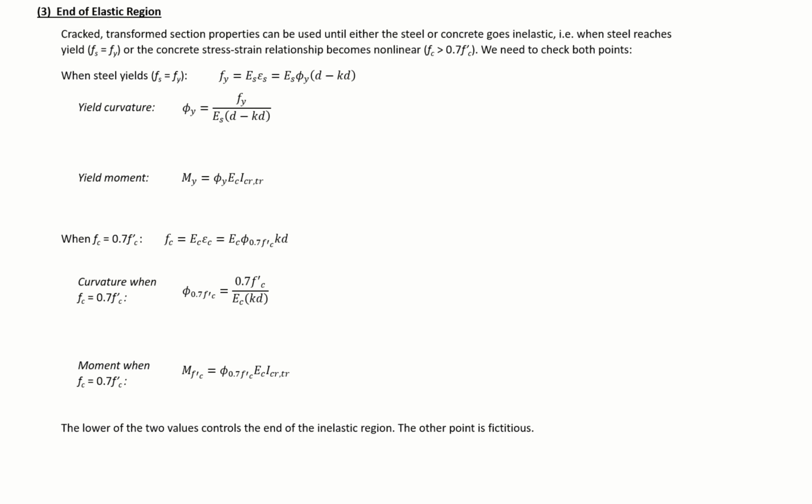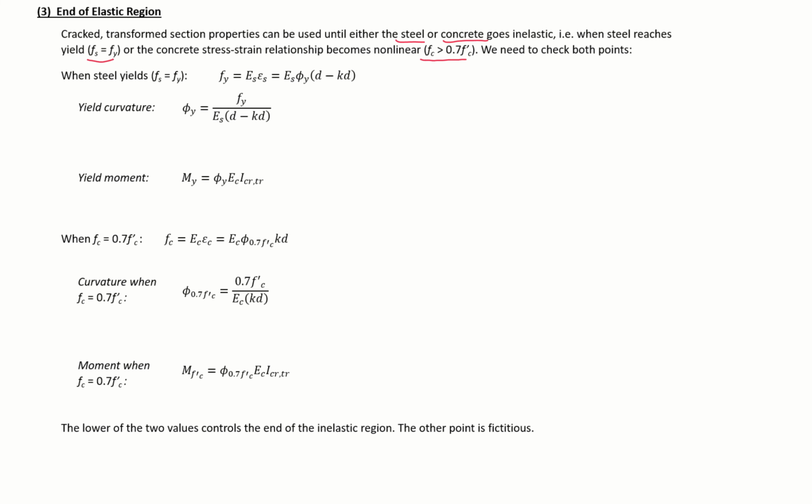Our cracked transformed section properties are valid until either our steel or our concrete leads to our section going inelastic. So here we're going to find the end of the elastic region by checking both of these points.